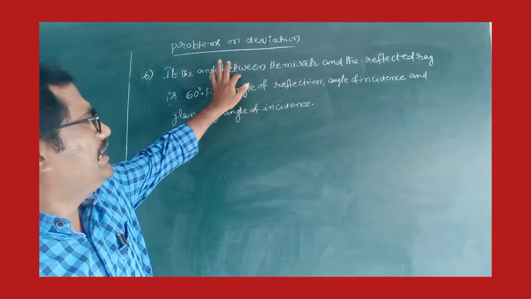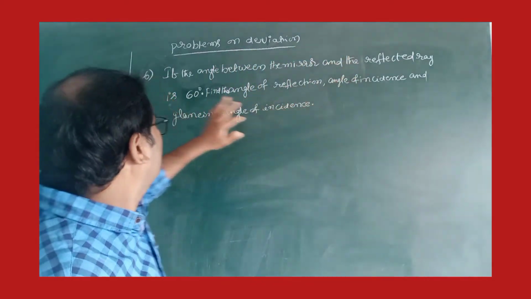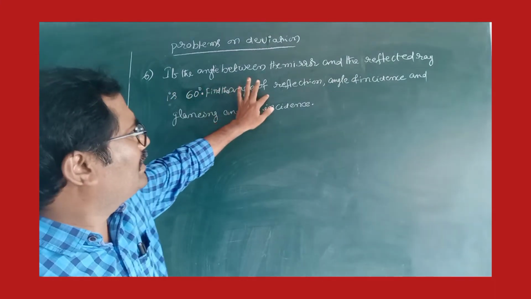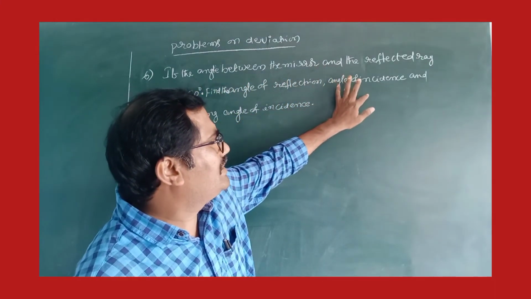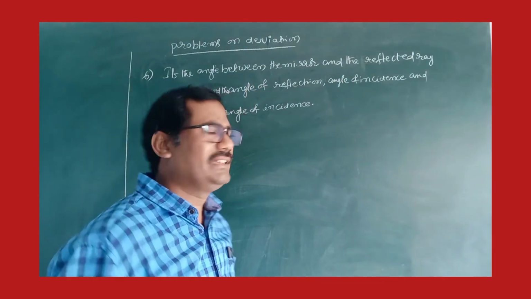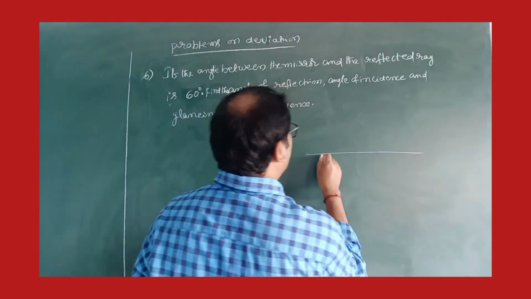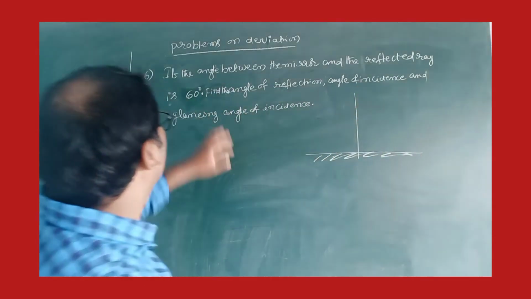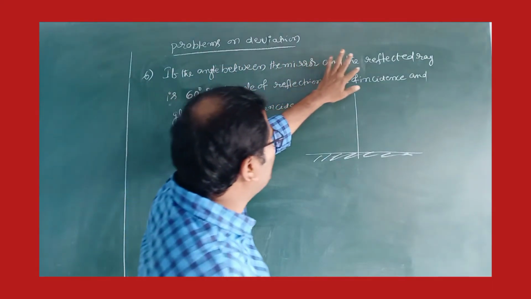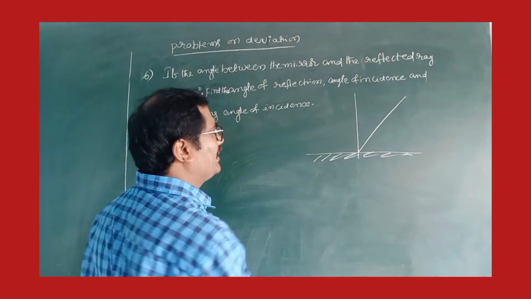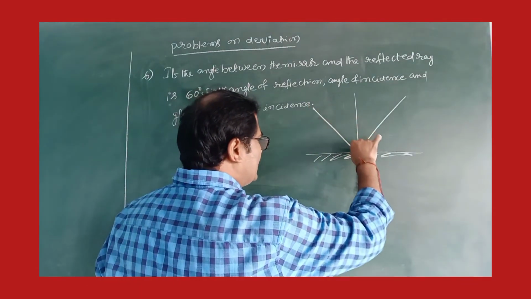If the angle between the mirror and the reflected ray is 60 degrees, find the angle of reflection, angle of incidence and the glancing angle of incidence. That means it indicates it is the normal. The angle between the mirror and the reflected ray, that is the reflected ray, that is the incident ray.